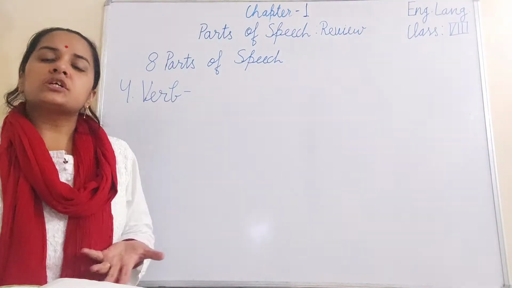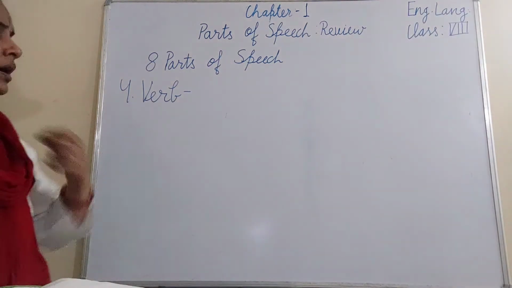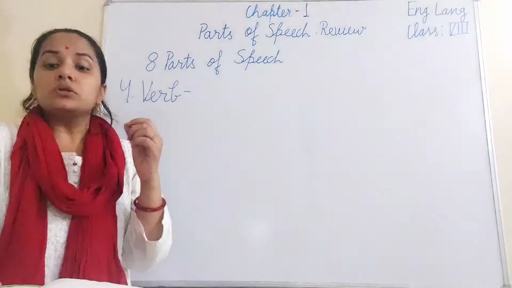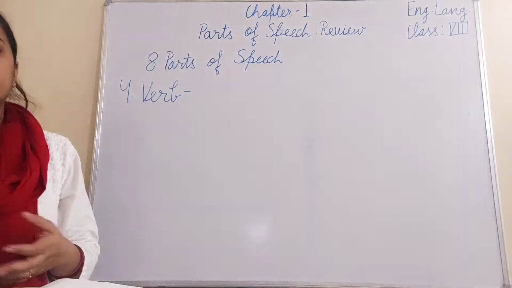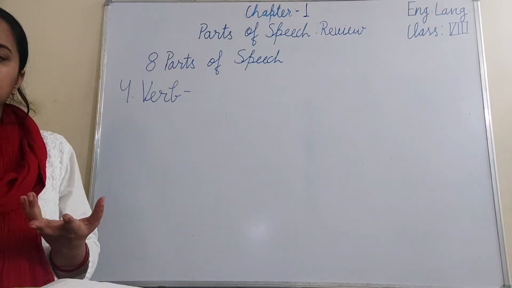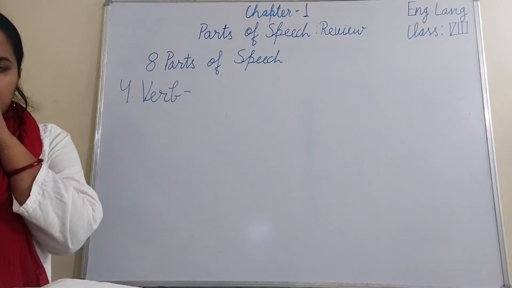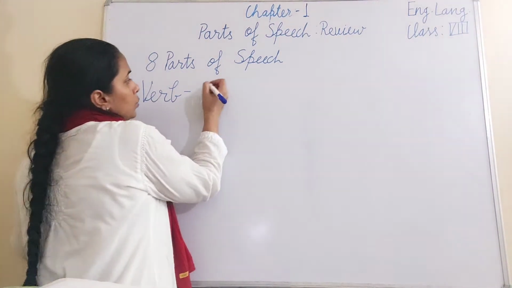Simply, the action words are known as the verb. Any word which denotes any action, which says what somebody or something does or what happens, those words are known as the verb.